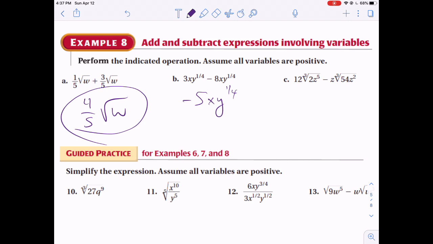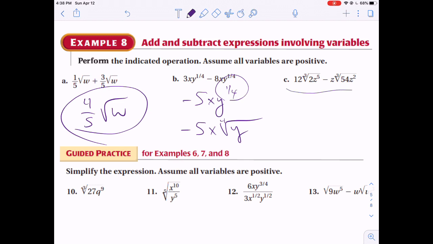Now again, this is a radical, and let me just show you quick what it looks like if it's written in radical form. It'd be -5 x times the 4th root of y. So that's a radical term as well, but they had it with the exponents instead.